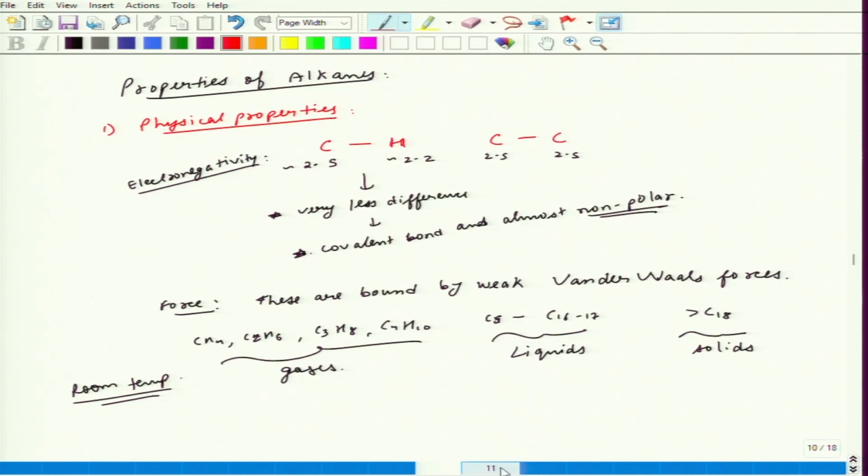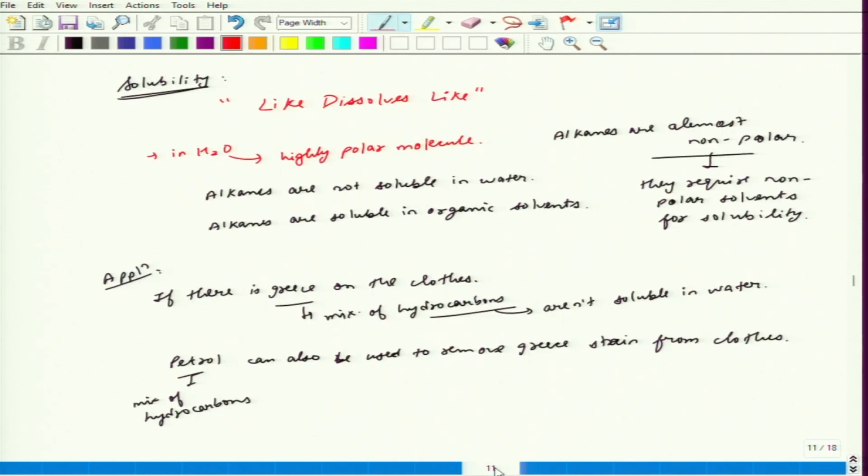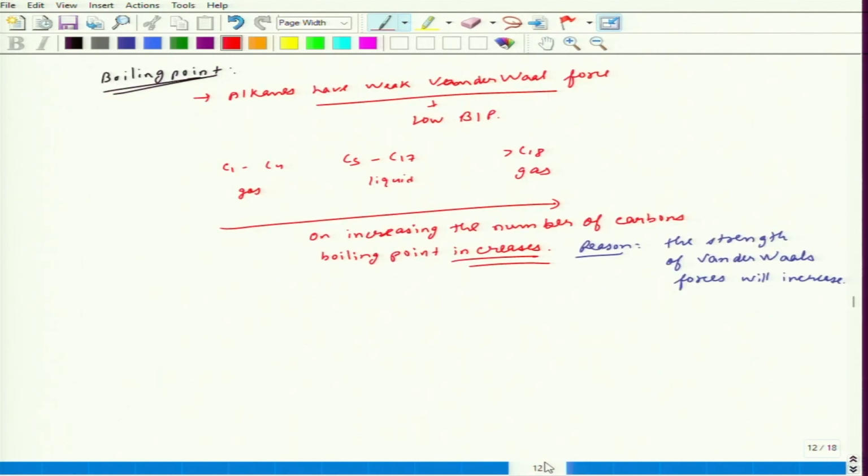As we increase the number of carbons, the strength of van der Waals force is going to increase. Then we discussed solubility and its practical application. Then we discussed the boiling point. These are basically the physical properties you need to understand, and this concludes the physical properties of the alkanes.